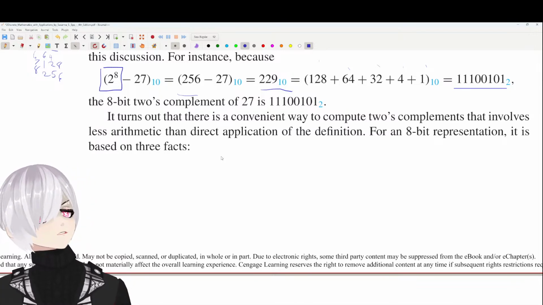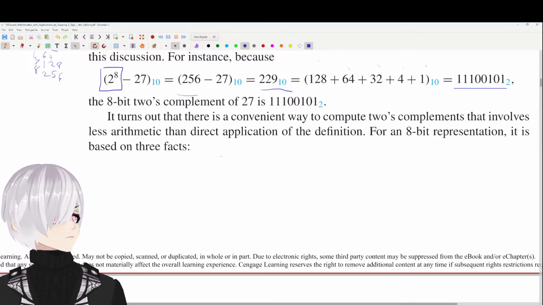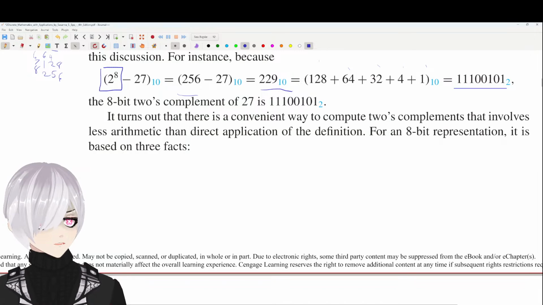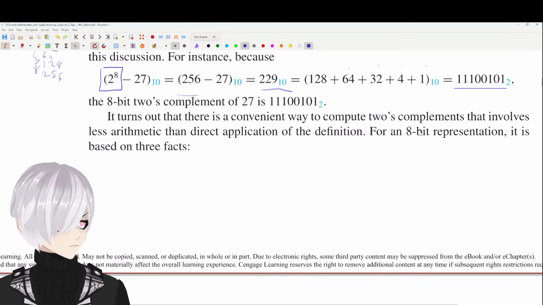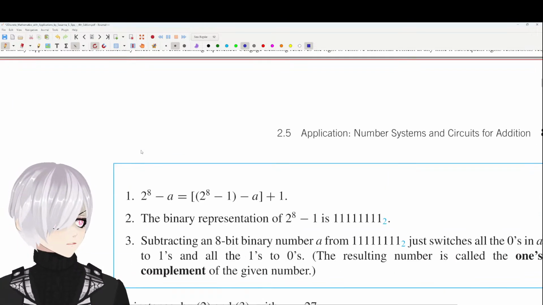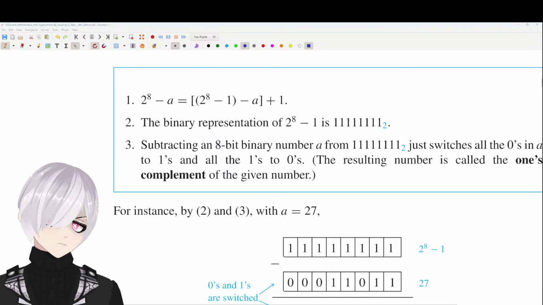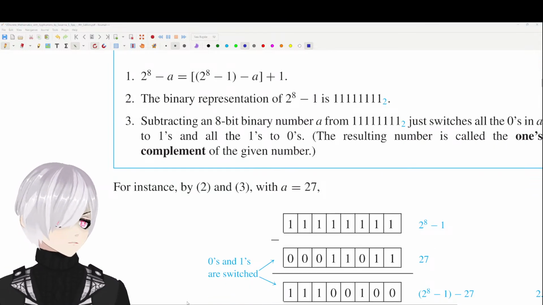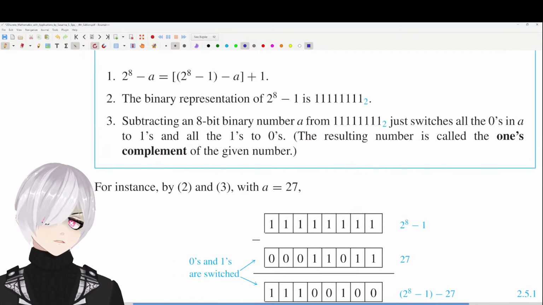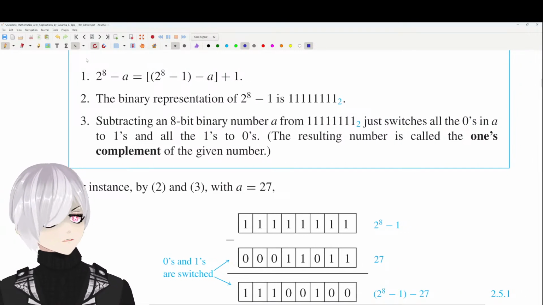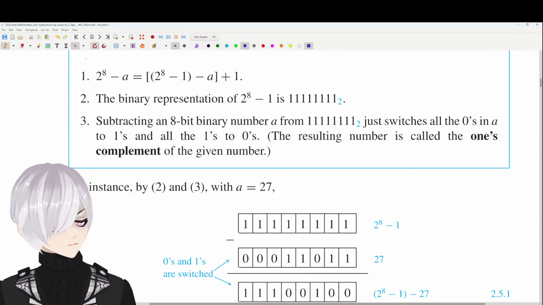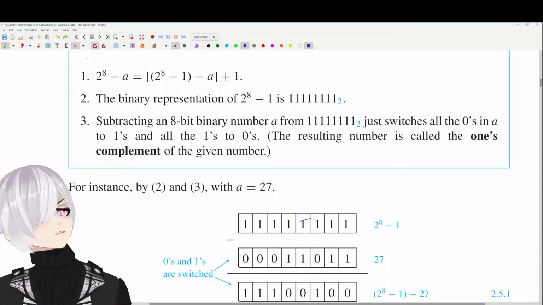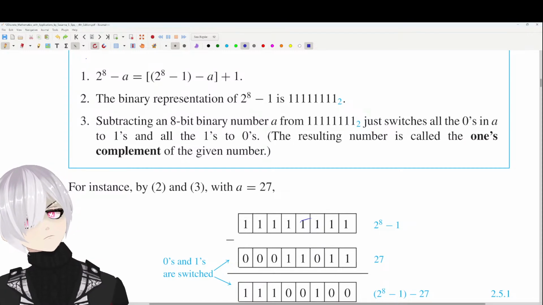It turns out that there's a convenient way to compute 2's complement that involves less arithmetic than direct application of the definition. For an 8-bit representation, it is based on 3 facts. 2 to the 8 minus a equals 2 to the 8 minus 1 minus a, plus 1.